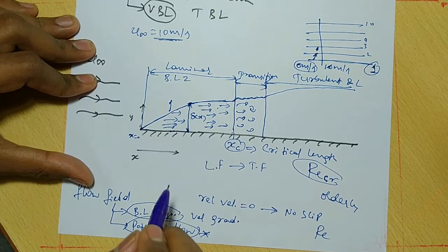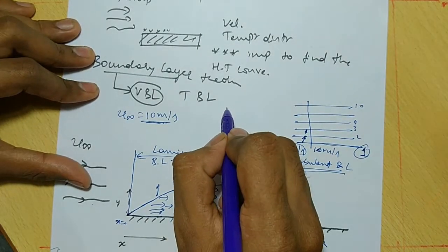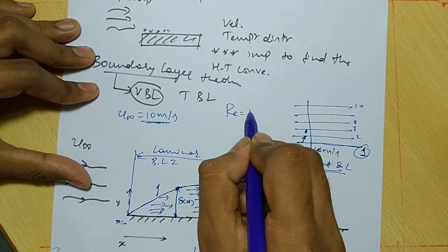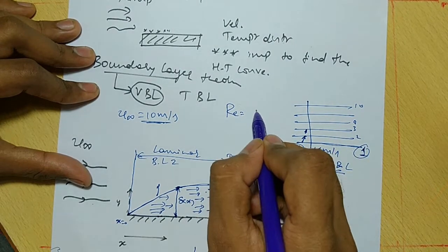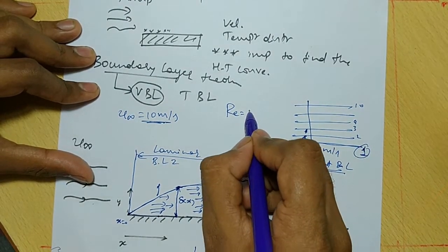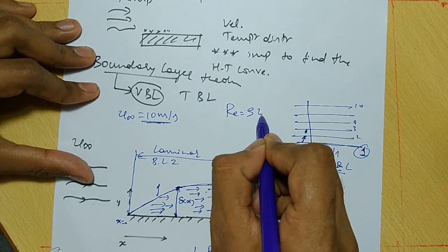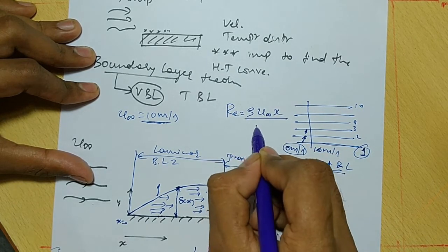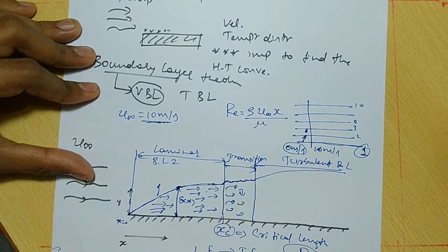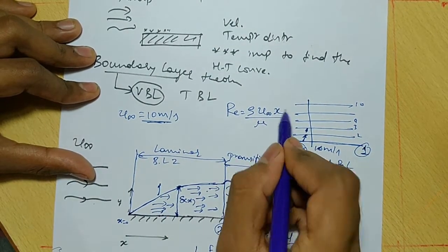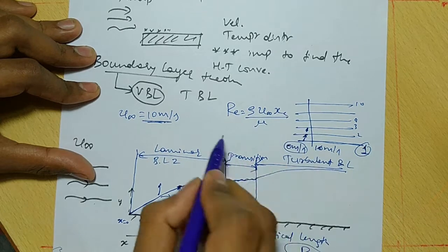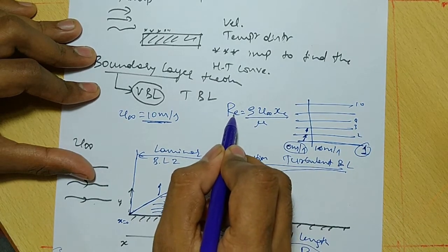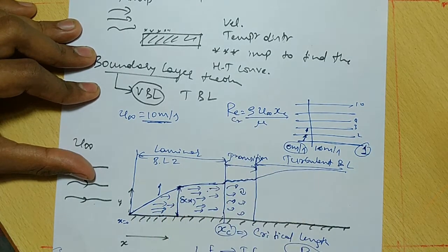This Reynolds number can be defined as, as we already know, Re equals inertia force divided by viscous force. After simplification, we get density times velocity times distance divided by viscosity. If this length x becomes xc, this becomes the critical Reynolds number.